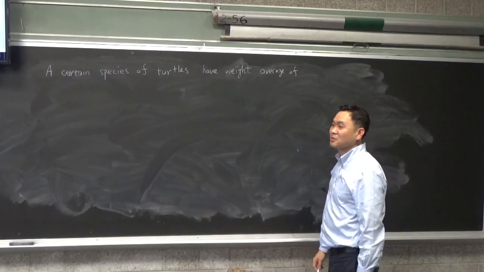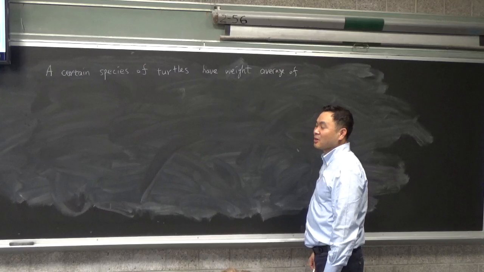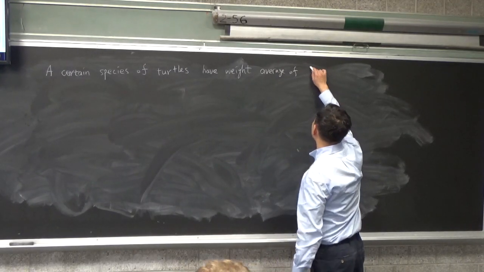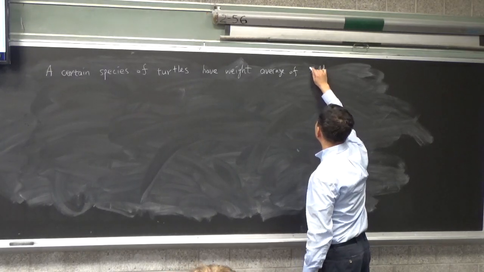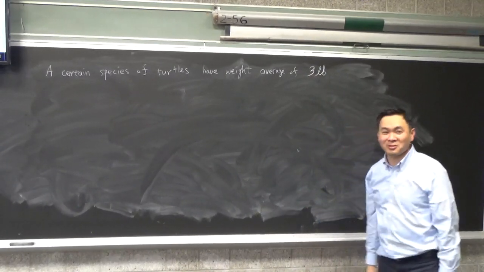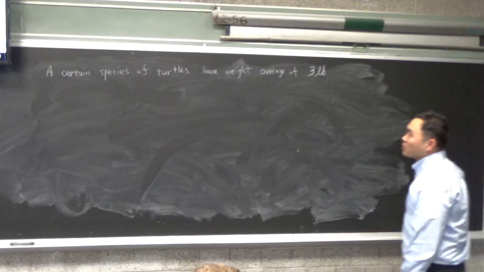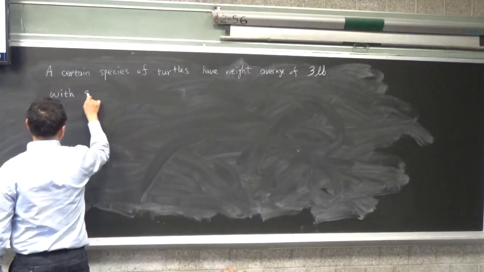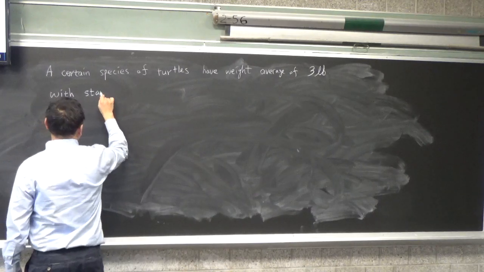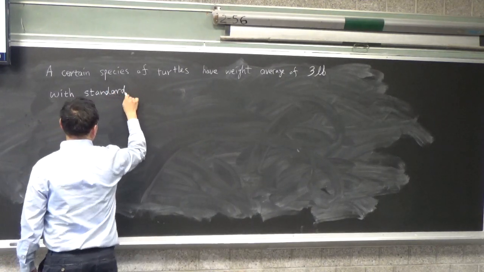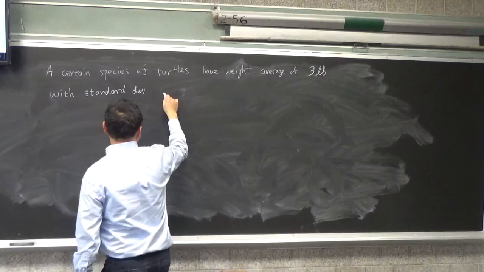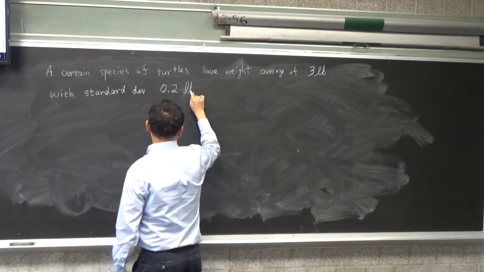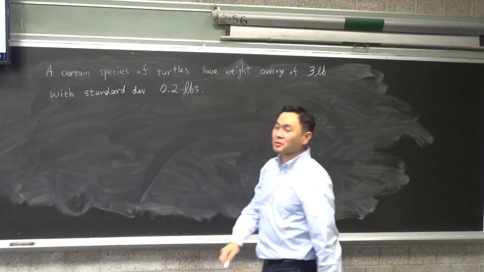What kind of turtle? We're talking snapping turtles, sea turtles. I don't care. Let's just say 3 pounds. It needs to be 100. So some small breeds, 3 pounds. Okay. With standard deviation 0.2 pounds. Okay.